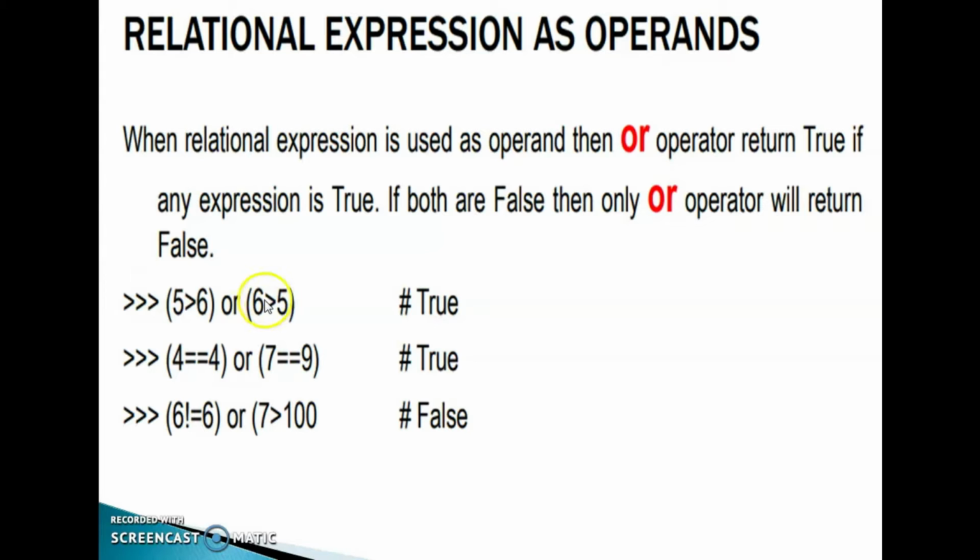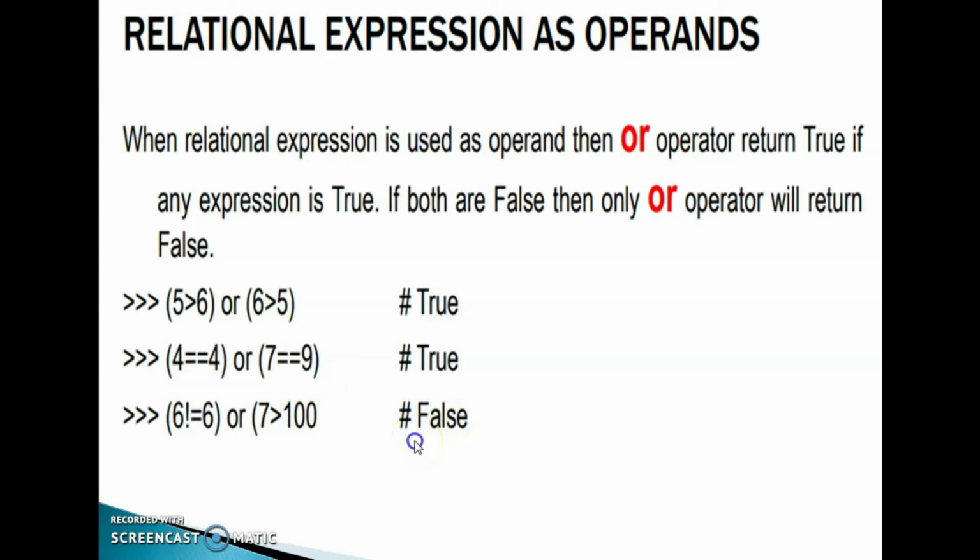Here 6 greater than 5 is true, so this whole expression will return true. 4 equal to 4, this condition is true, or 7 equal to 9, this condition is false. But the OR operator returns true if any expression is true, so the result is true. 6 not equal to 6, this condition is false, or 7 greater than 100, this condition is also false. That time it will return false.